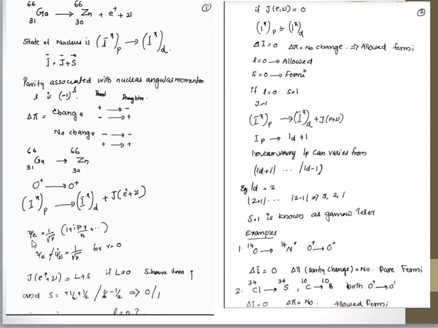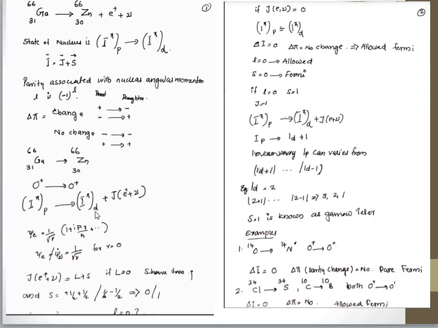The wave function, as already discussed, of the electron or neutrino, psi e or psi nu, is given by 1 by square root of V into 1 plus i p dot r by h bar plus (i p dot r) the whole square by h square, etc. So for a reaction to take place, the change in parity or change in angular momentum should be taken away by this. Then only is the reaction possible.